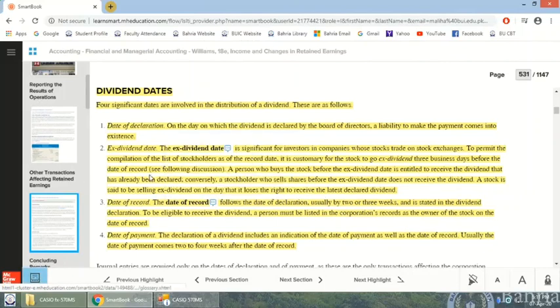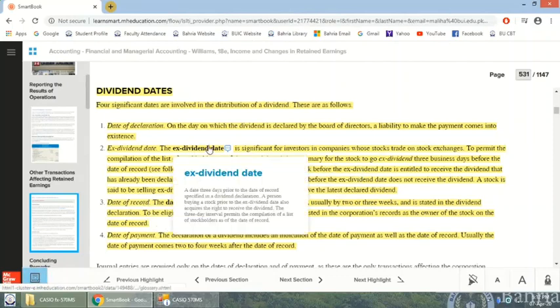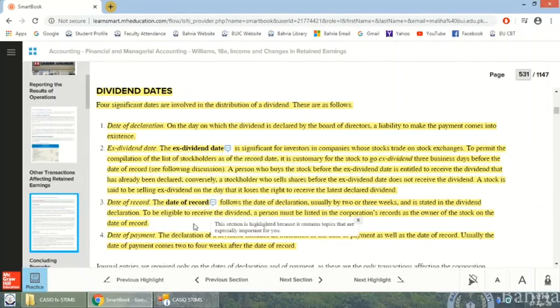And the ex-dividend date is significant for investors in companies whose stocks trade on stock exchanges, to permit the company to compile the list of stockholders as of the record date. Because if you exceed the date which has been mentioned for payment of the dividend, then you would not be getting the dividend, because the requirement of the company is, for instance, that whoever owns the stocks till 1st December would be getting the dividend.